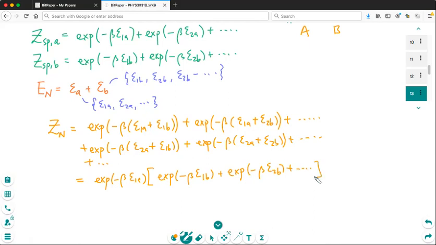This is for the first row. Plus, now I do the second row. I have e to the minus beta epsilon 2a, and the identical entry for the second row. And I can keep going.